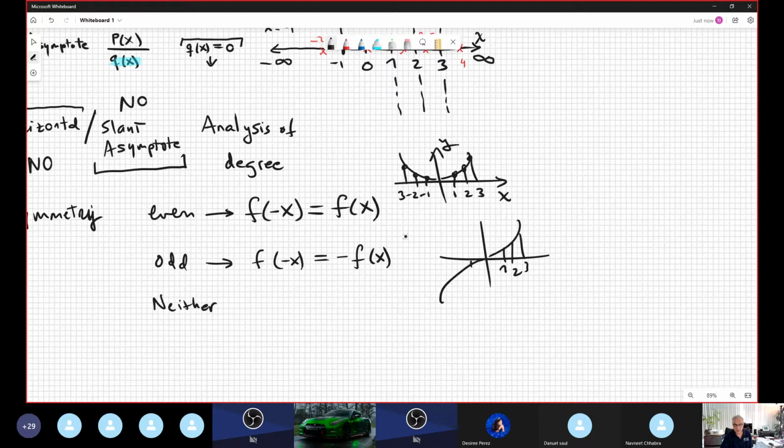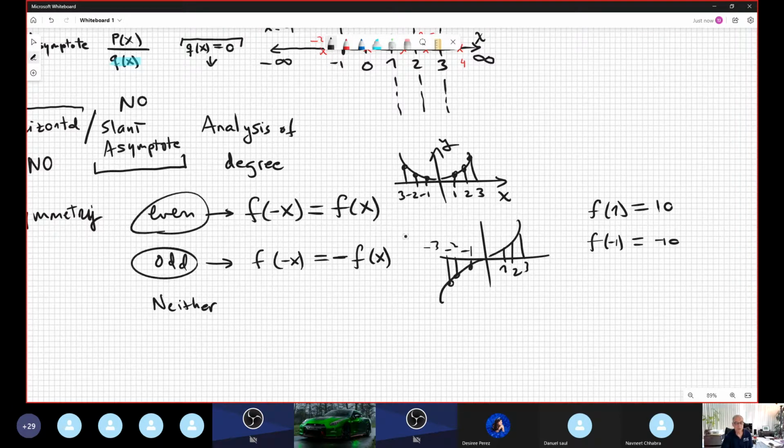The corresponding values at negative 1, negative 2 and negative 3 have exactly the same value but the opposite sign. How do you know? Because we have a negative in front. And you also save time. Compare f of 1: suppose f of 1 is 10. Then f of negative 1 is negative 10, because it's an odd function. And for even, it's fantastic: f of 1 is 10, and f of negative 1 is 10 also.